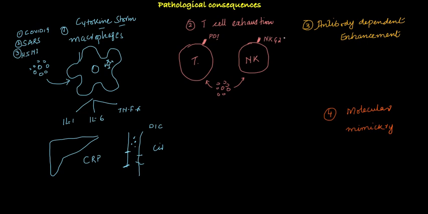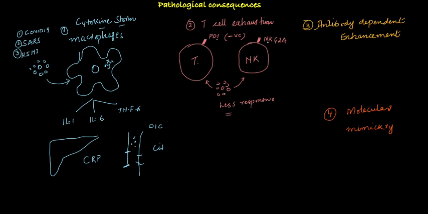These are expressed by these cells, but they are negative inhibitory signals. So these viruses induce T cells and NK cells to express PD1 and NKG2A, and now these T cells will become less responsive to the infection. And this state is called T cell exhaustion.